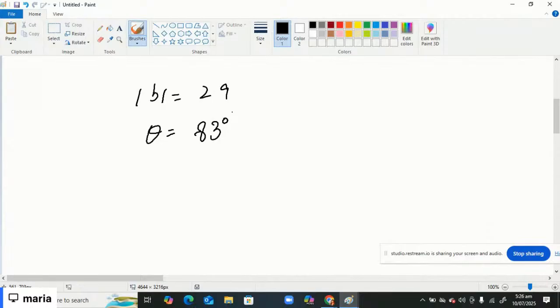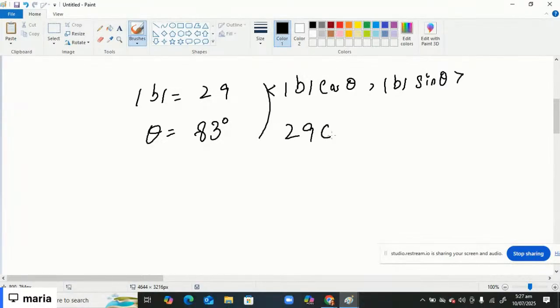Okay, now first of all finding cos, then finding sine. Magnitude is 29 cos 83, 29 sine 83.